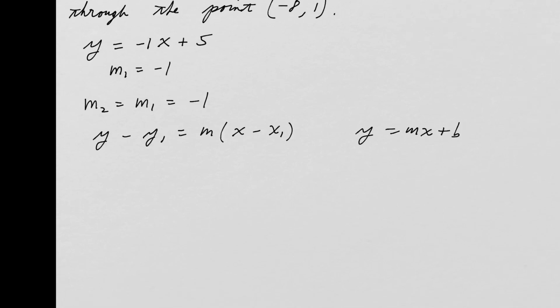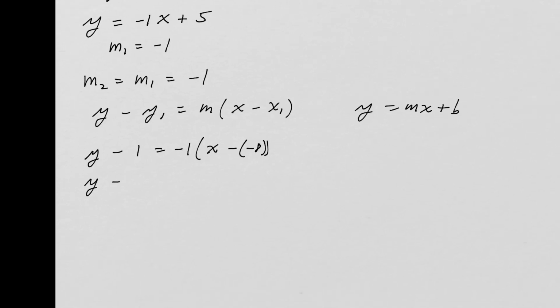So if I do it the first way, I have y minus y1, which is 1, equals the slope, which is -1, x minus a -8. So this is going to be y minus 1 equals -1 times x plus 8. Now I need to distribute that -1.